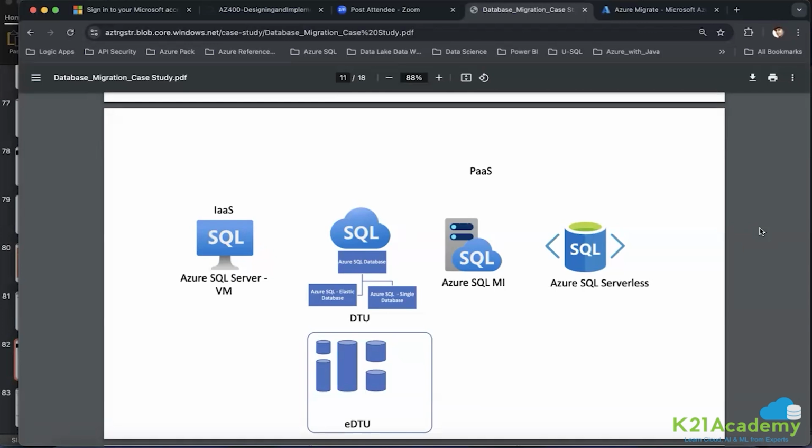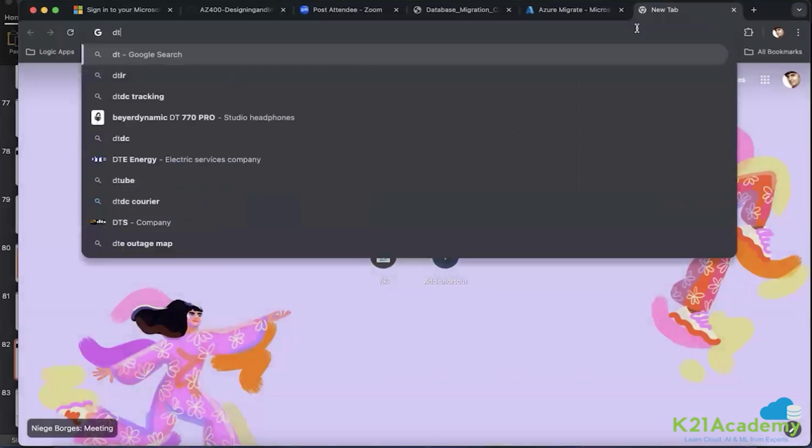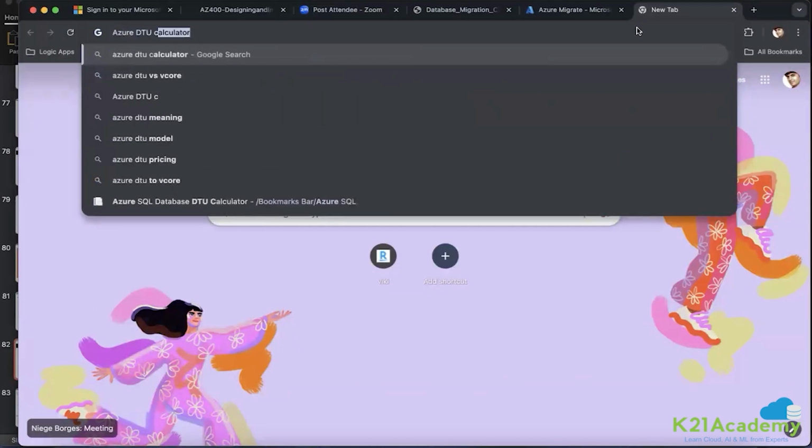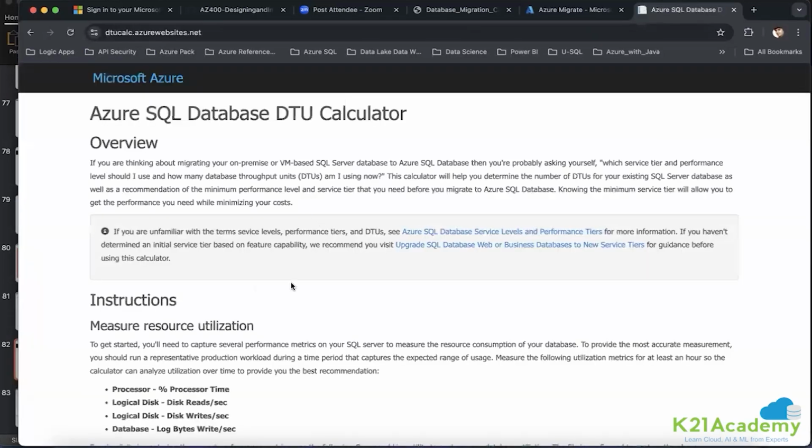Now the question will come: if I migrate, is there any option where I can see which DTU or which database I can go for, so that I can achieve better performance? The quick answer is that Microsoft has created a DTU calculator. There is a separate site Microsoft has provided which gives you DTU calculations.